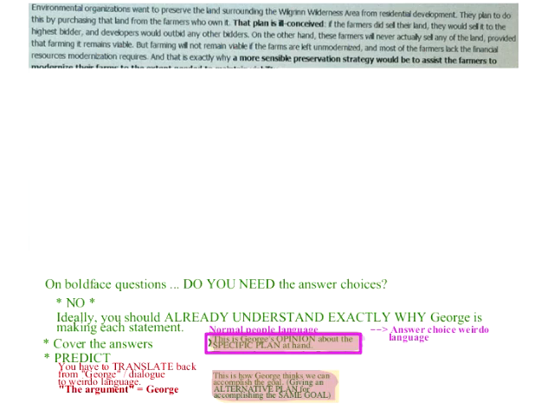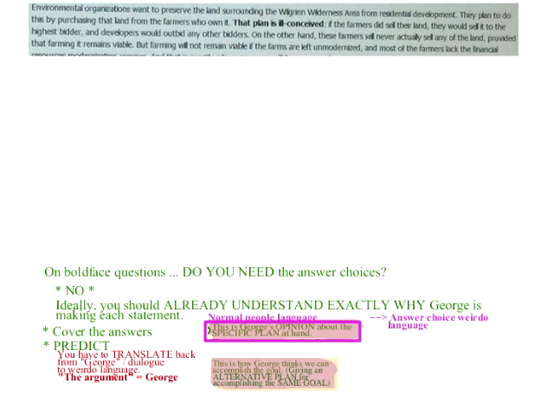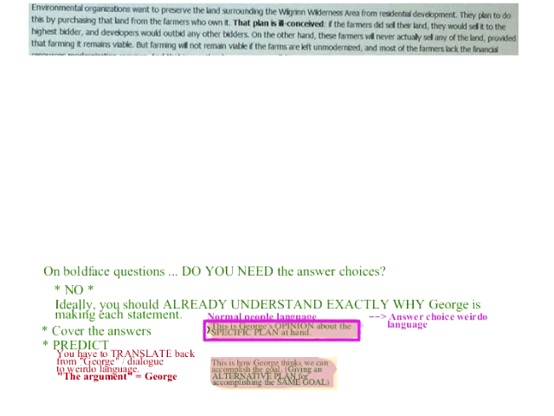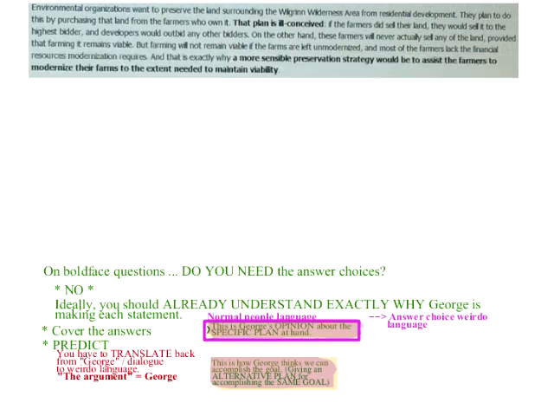The goal is to preserve the land, which George thinks is a perfectly fine and noble goal. I mean, George has no issues with the goal. George has issues with how they want to get there, but not with the goal itself. And this is the difference between a conversation and not a conversation.